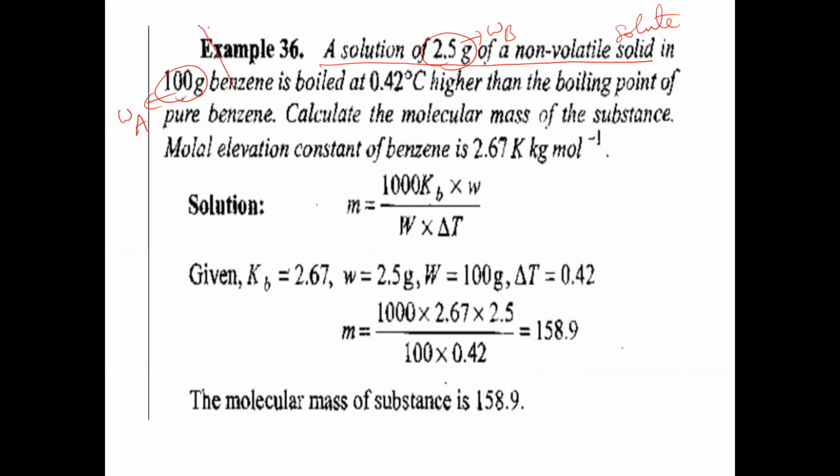Benzene formula is C6H6, so gram molecular weight of solvent will be 78 grams per mole. Next, it is the gram molecular weight of benzene.